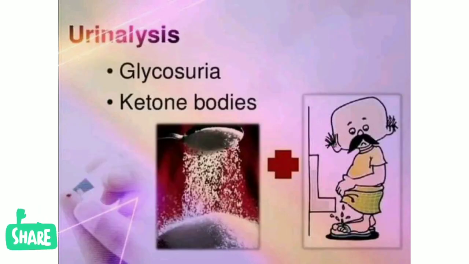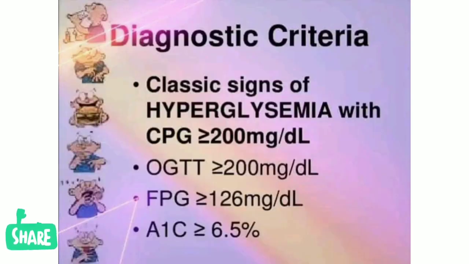Then comes the urine analysis. This involves glycosuria and ketone bodies in the urine, and presence of these two indicates diabetes mellitus. The diagnostic criteria are classical signs of hyperglycemia with CPG greater than or equal to 200 mg per deciliter, oral glucose test greater than or equal to 200 mg per deciliter, fasting equal to 126 mg per deciliter or greater, and A1C greater than or equal to 6.5%.